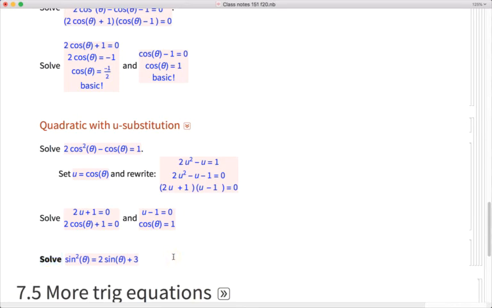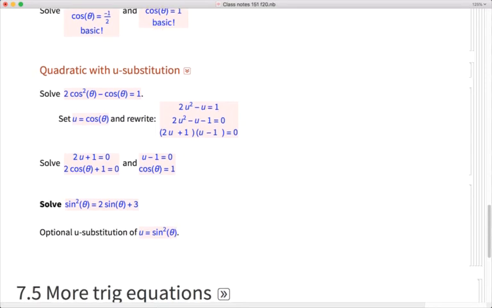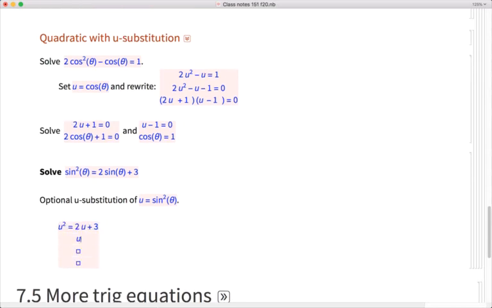Okay, so again, this is optional, but I'll do it, an optional u substitution of u equals sine theta, potentially making the factorization a little easier. So the equation would be u squared equals 2u plus 3, and we say, oh, this is a quadratic. I need to get 0 on one side and factor. So I'll move the 2u and the 3 over, and now I'm trying to factor.